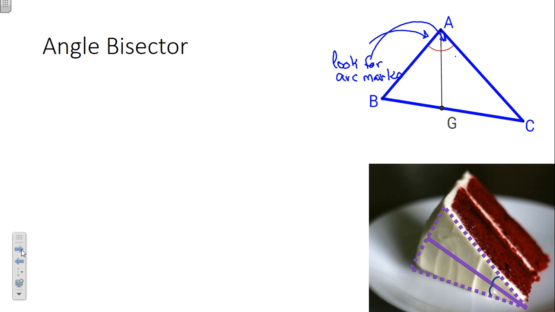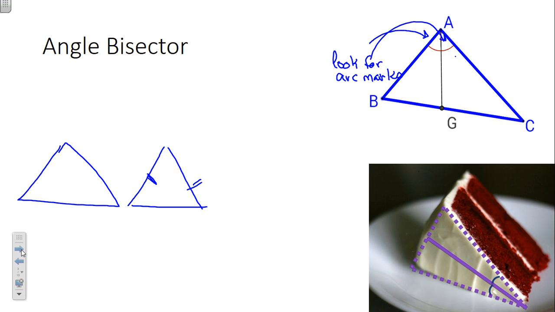Absolutely. Only on special occasions. So if you have a special triangle, what kind of triangle is this? Isosceles in this case, right? Or if you have an equilateral triangle, then what happens if we drop that perpendicular here? I'm not doing a good job. We'll have a hypotenuse and a leg.